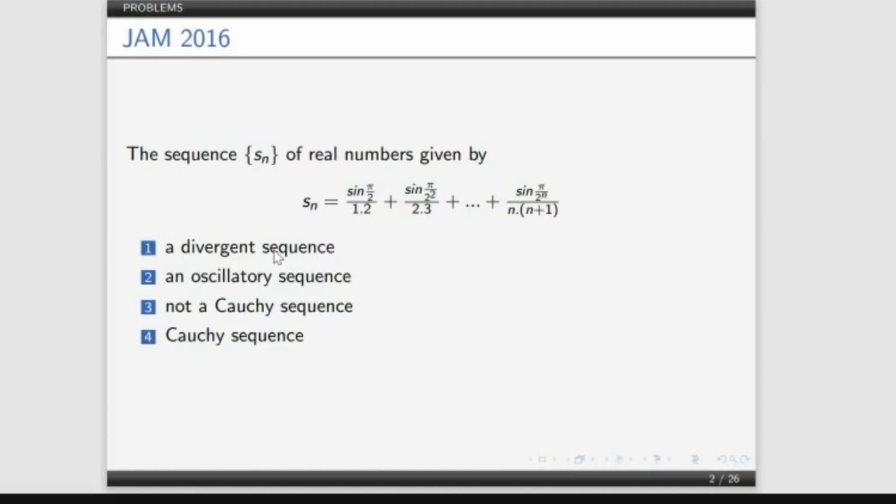So you can check the question and you can start giving answers which you feel look like the answer of this question.